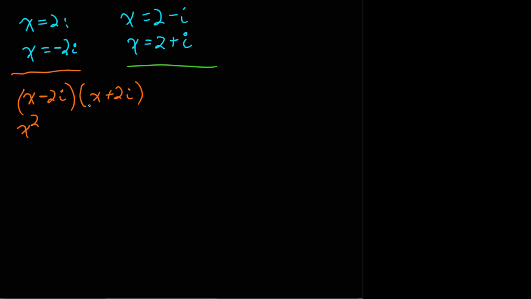My outers and inners will cancel. That's the whole purpose of the complex conjugate. And I'm going to get negative 4i squared, or x squared plus 4. And so that's going to be one of my quadratic factors.